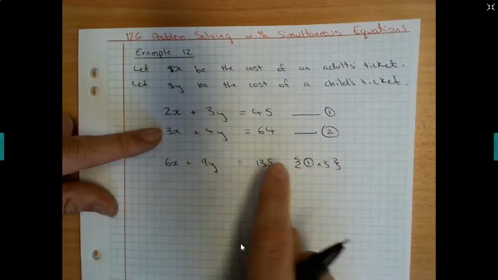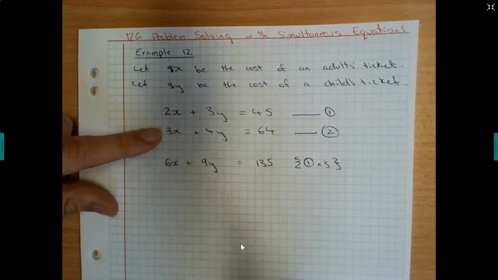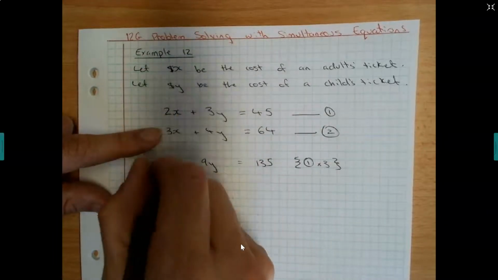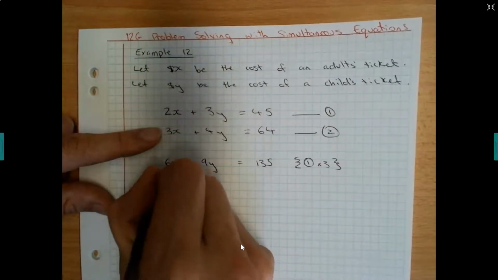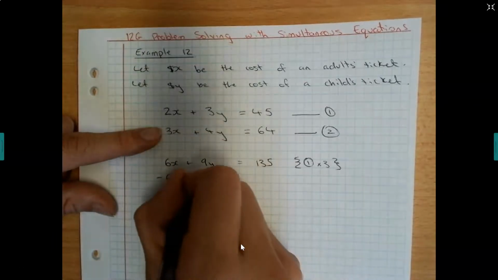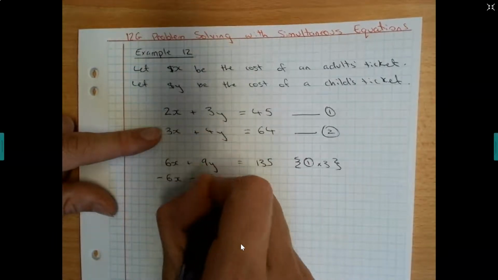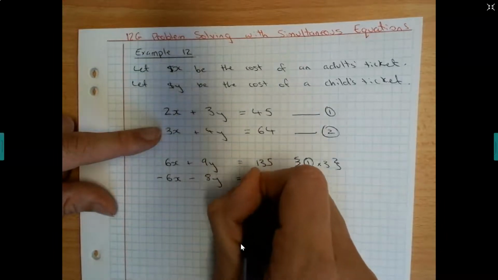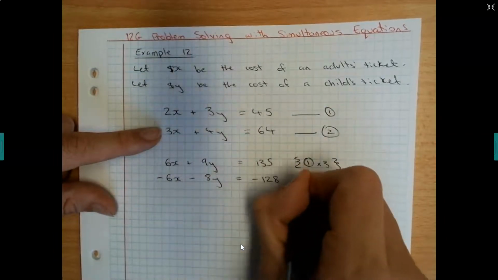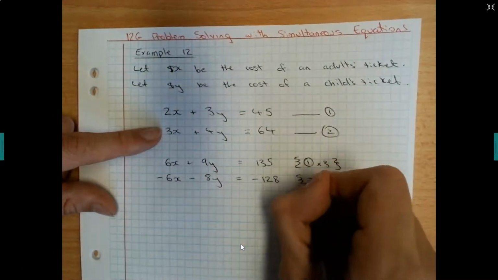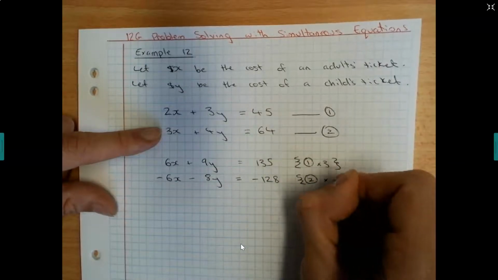If I multiply each of these terms by negative 2, that would make this negative 6. So this will become negative 6x minus 8y, which is equal to minus 128. So I've multiplied equation 2 by negative 2.